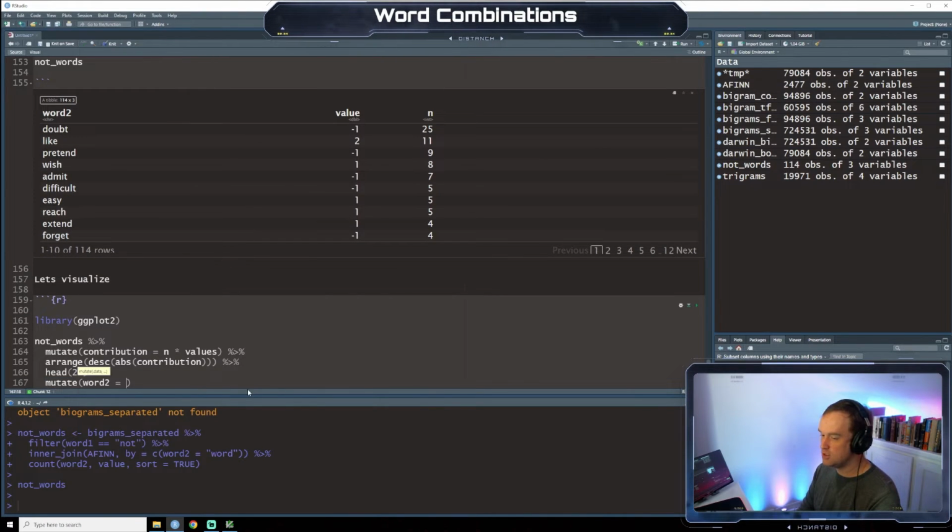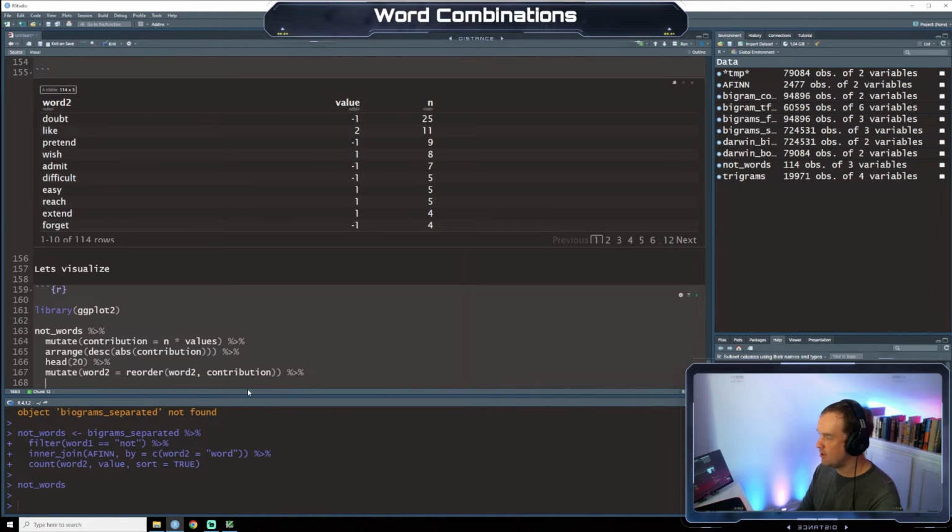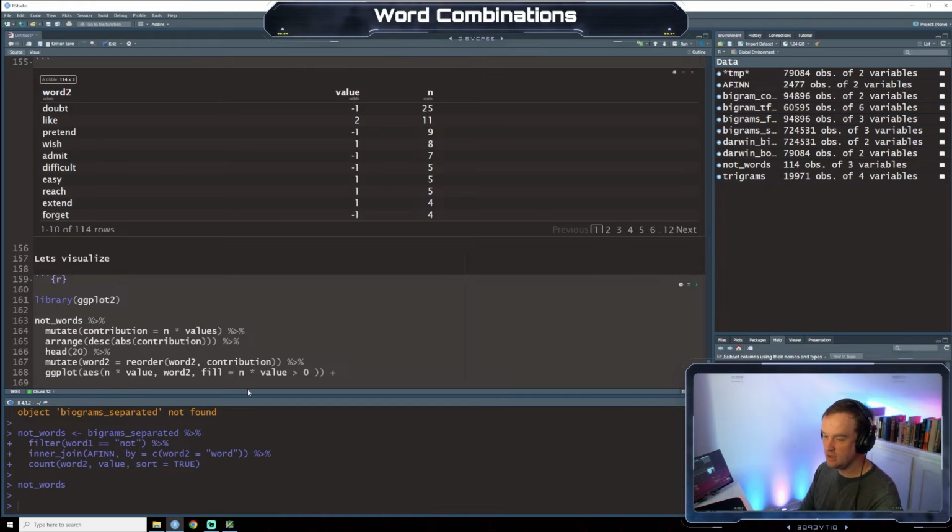Mutate word2 equals reorder word2, and we're going to base it on the contribution. ggplot aesthetic n times value, word2, fill equals n times value greater than 0, and we're going to do a geom_col, so a bar plot, show legend equals false, because it just takes up too much room.